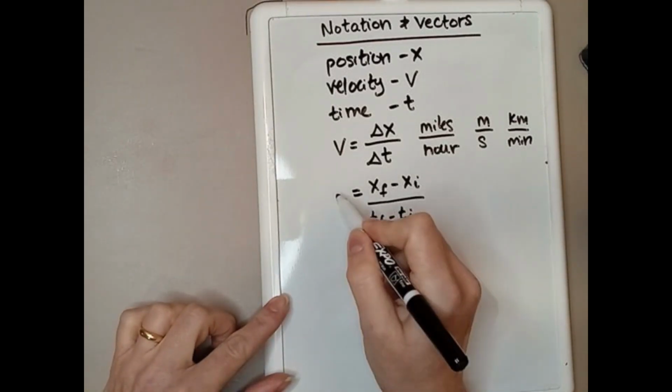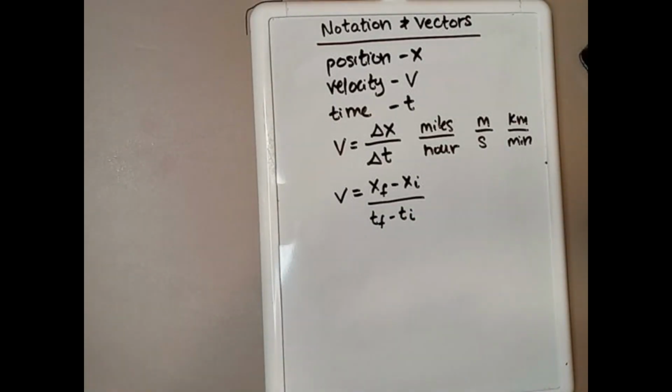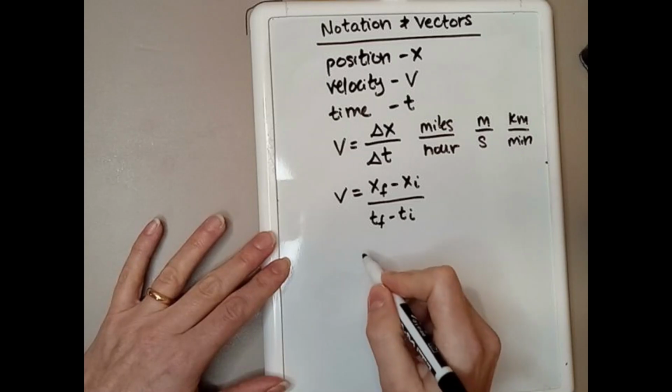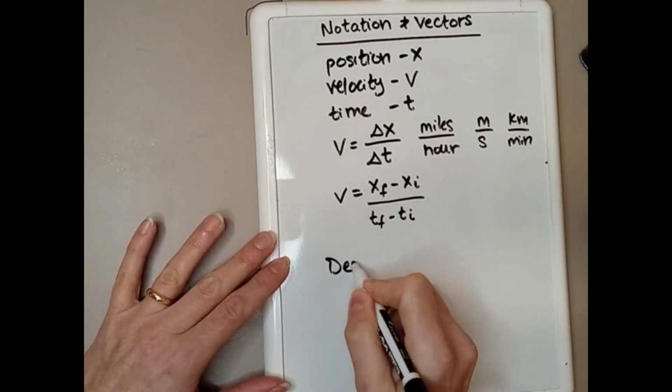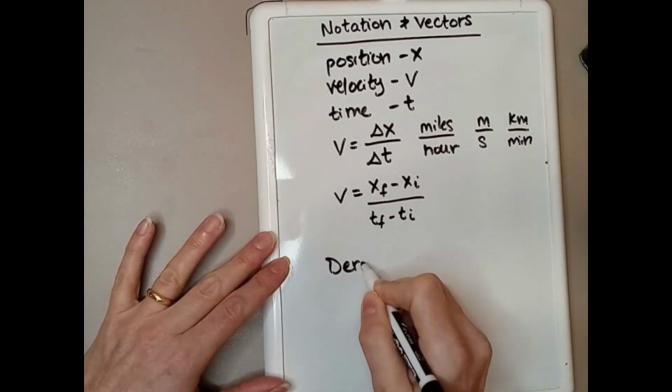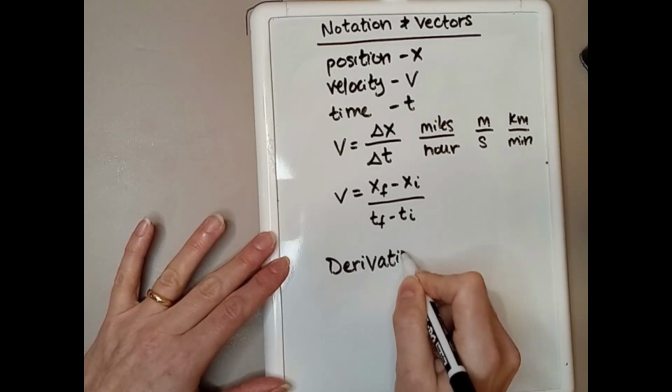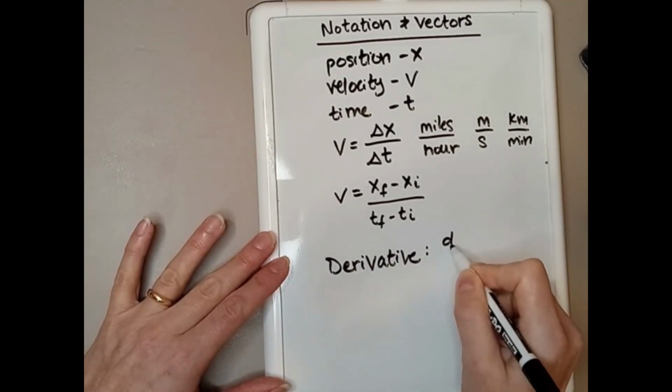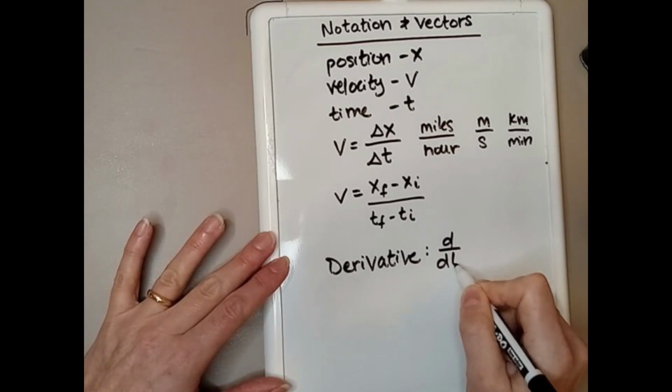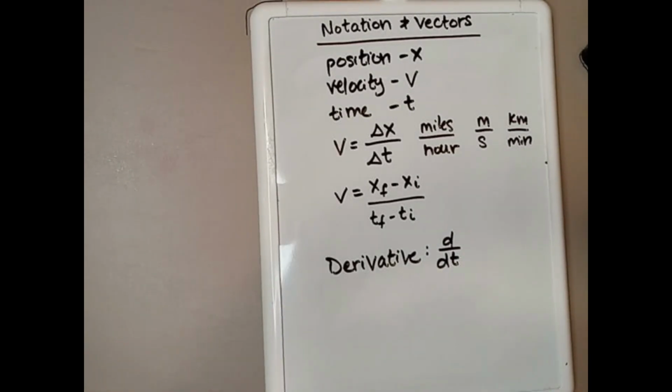Now what we're normally going to do, instead of using deltas and instead of using final minus initial, we're going to use what's called a derivative, and that is going to be denoted by a d over dt. So what this means is that we're going to be taking a derivative with respect to time.